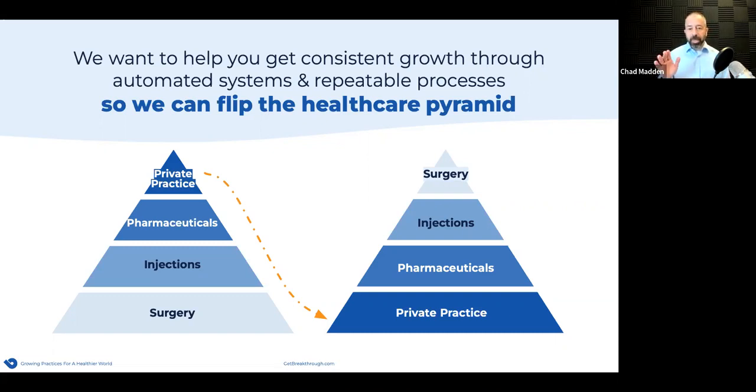So within the US, what percentage of that $1,000 per month do you think goes towards conservative care? So that's physical therapy, occupational therapy, speech, that includes podiatry, dentistry, chiropractic care, etc. What percentage do you think goes towards conservative care? $1,000 per month.